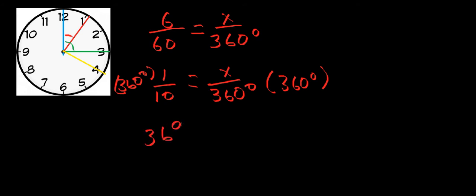And if we multiply both sides by 360 degrees, then 1/10 of 360 is 36 degrees, which is the angle measurement we're looking at. So the answer to part 2 of our question is 36 degrees. That's how far the minute hand turns in 6 minutes.